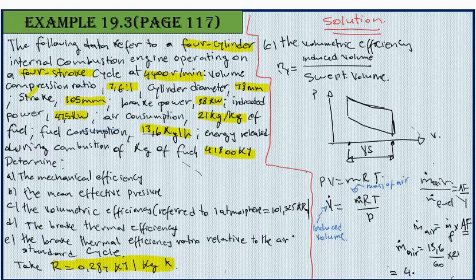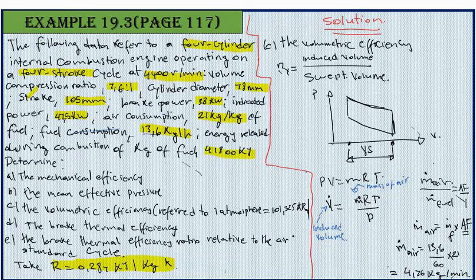So that represents the mass rate of air, kilogram per minute. So now, if I have the mass rate of air, I can determine the induced volume.